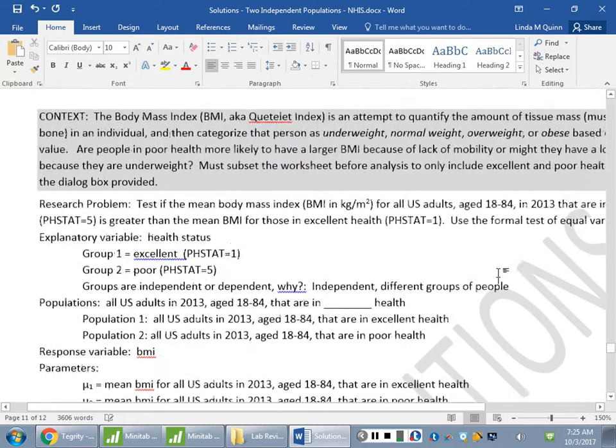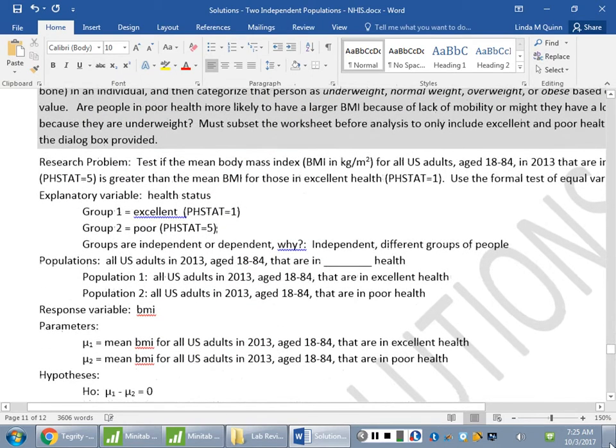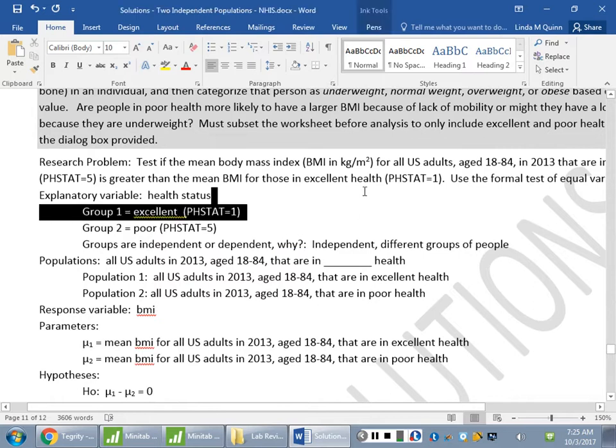We are, once again, trying to test if the people in excellent health have a lower BMI, or the people in poor health have a greater BMI. So let me write this here.